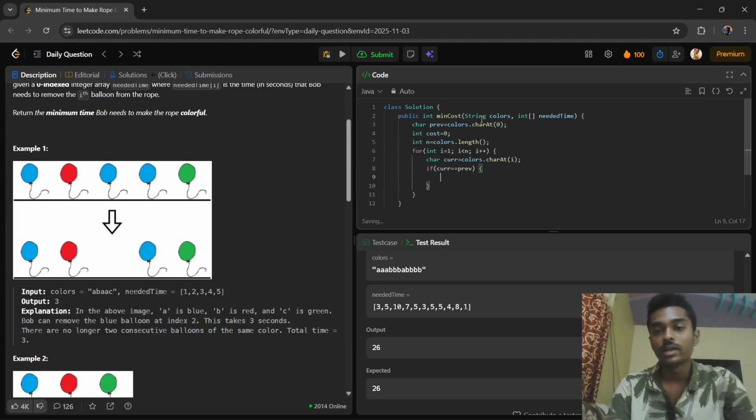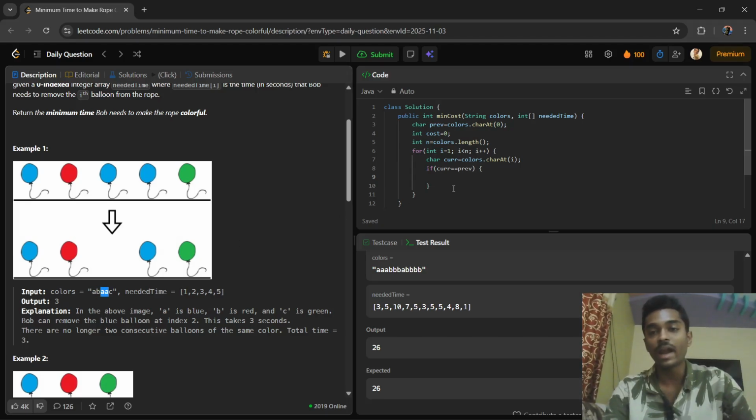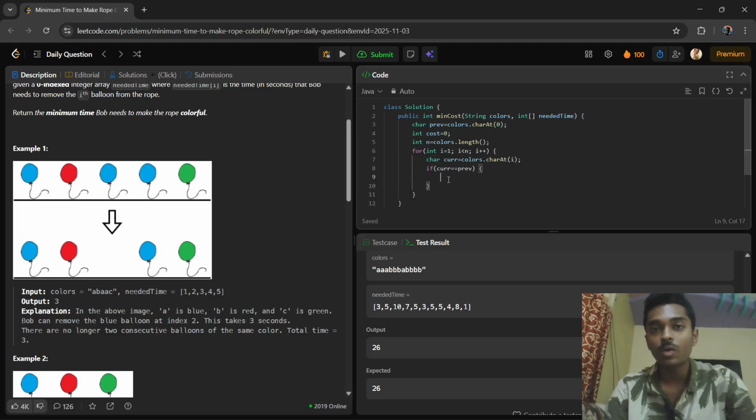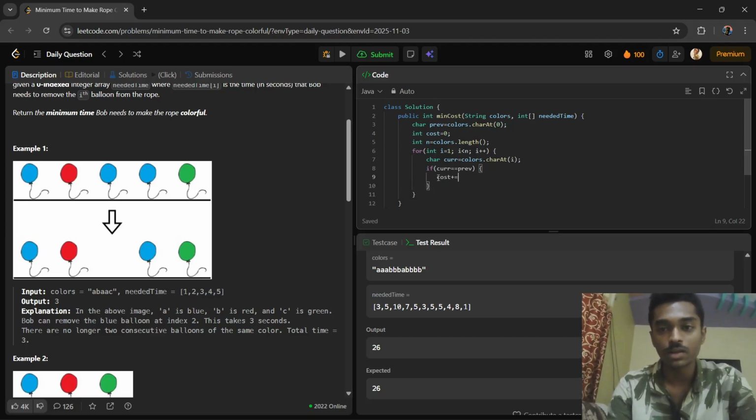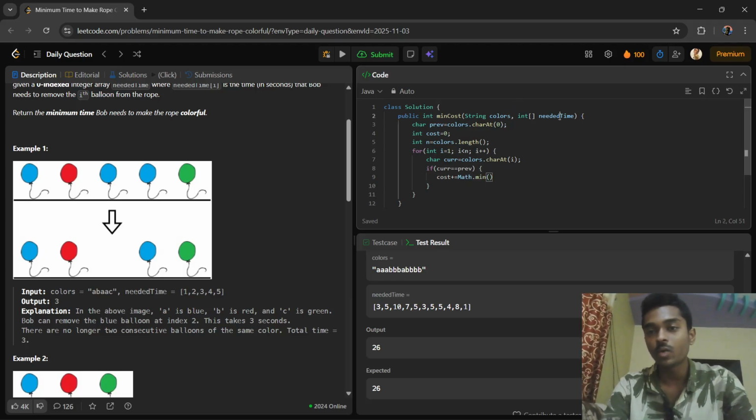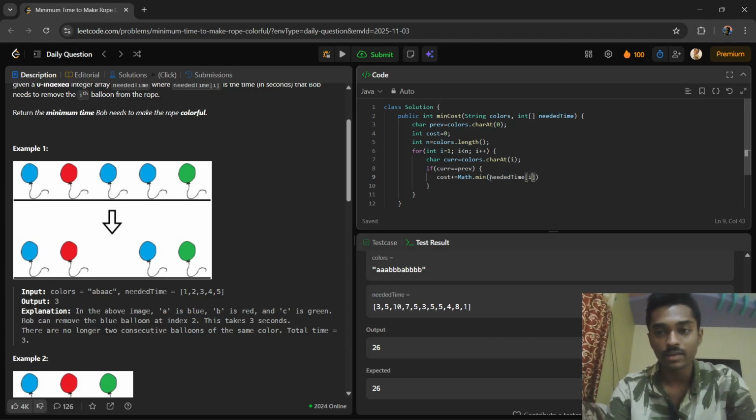If the current is equal to previous, in this case we have to add our cost, the minimum of their time. Need time means minimum of their time, so we are simply adding cost plus equal to Math dot min of neededTime of current and previous. Need time of current, that is nothing but this, and need time of previous.